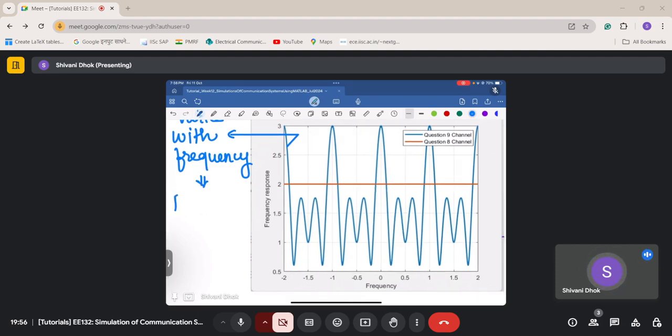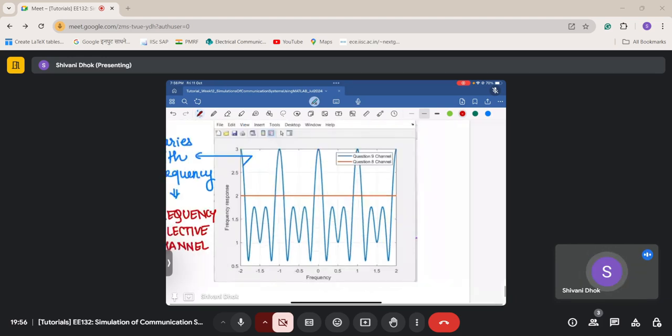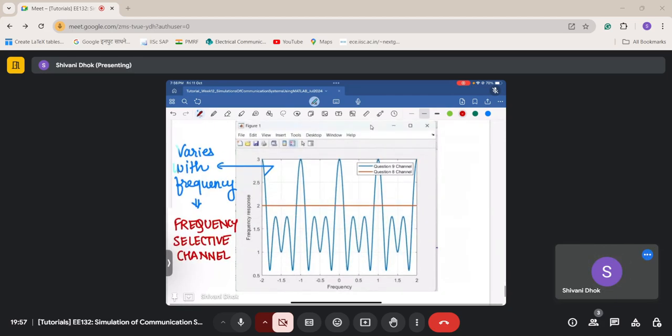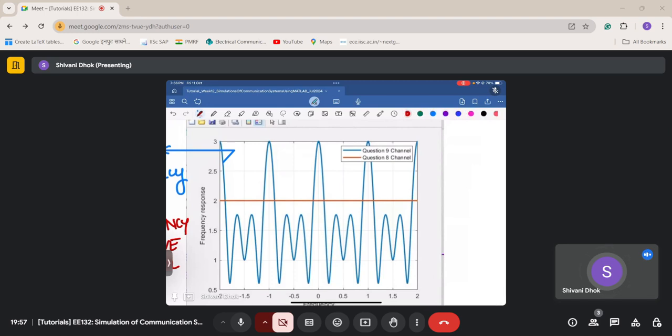So for different frequencies it responds in a different way. So such a channel is known as frequency selective channel. And this particular line we have discussed already.